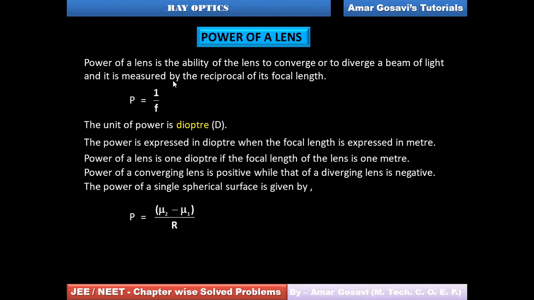So here in the first part, I was talking about the power of the lens, about convex and concave lens, and then we divided that lens into two parts, two spherical surfaces, and then we specifically talked about the power of a single spherical surface, which is given by this formula, where P stands for power, R stands for the radius of curvature of that spherical surface, and you very well know what mu2 and mu1 stand for. They are the refractive indices for the medium and the material of the lens. Let's move ahead then.